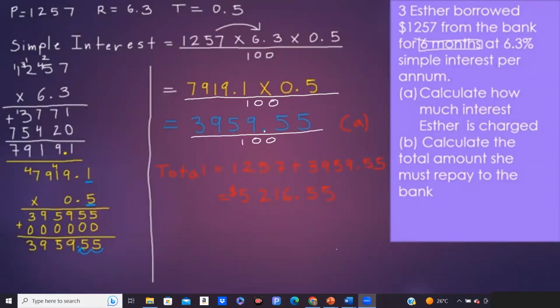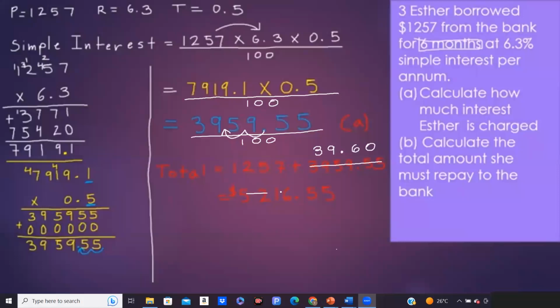If we divide it by 100, the decimal place is going to move twice, 1, 2. So it's actually going to be 39.59. But since the 5 in the back rounds up, it's 39.60.